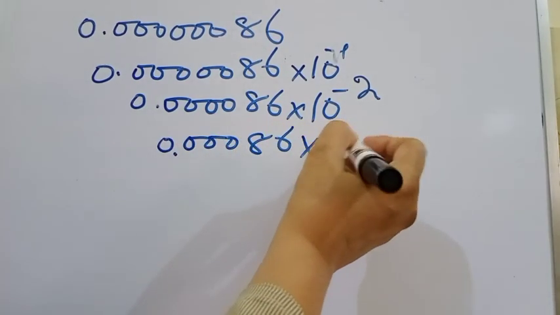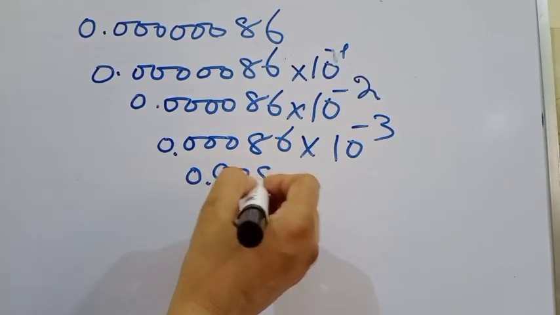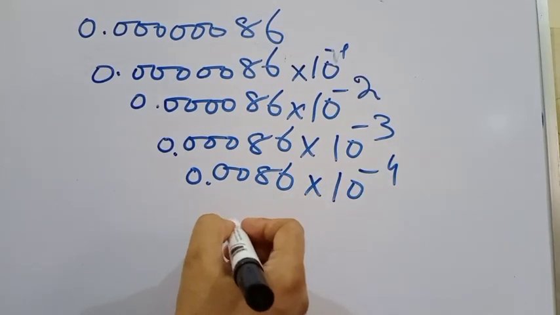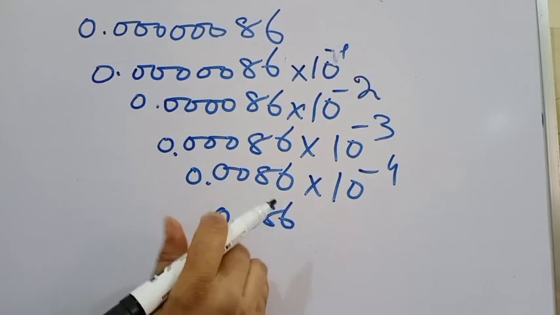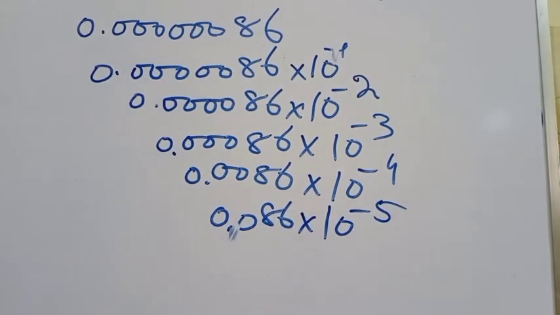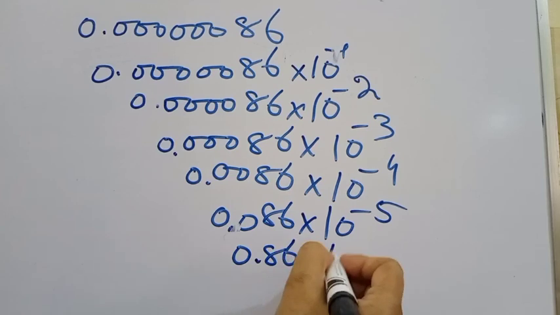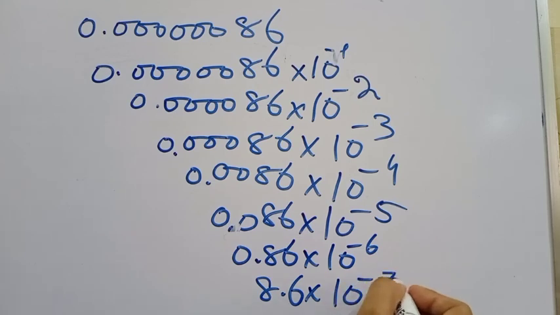Continuing: 0.00086 multiplied by 10 raised to the power minus 3, 10 raised to the power minus 4, and 0.86 multiplied by 10 raised to the power minus 5, 0.86 multiplied by 10 raised to the power minus 6, and 8.6 multiplied by 10 raised to the power minus 7.